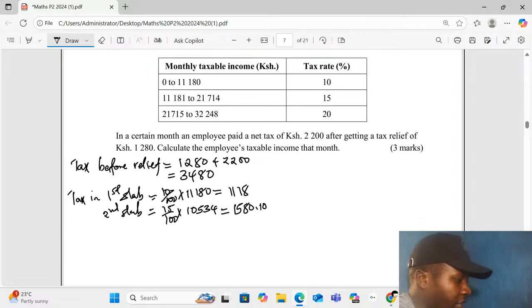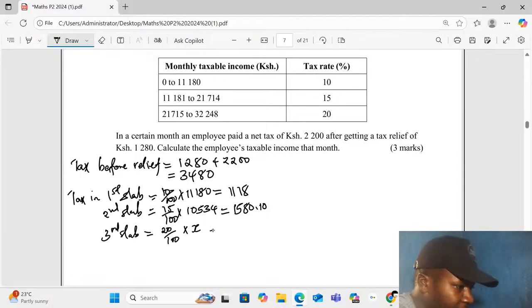Then third slab now, and then the third slab, it will be now 20 over 100 times x, what we don't know.